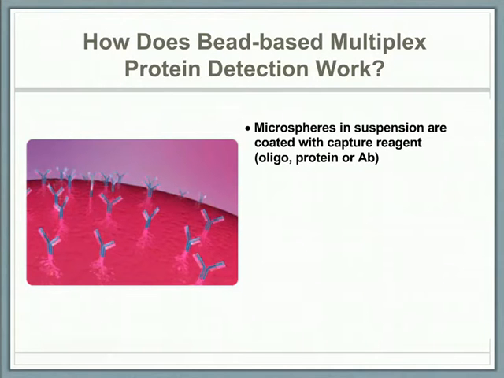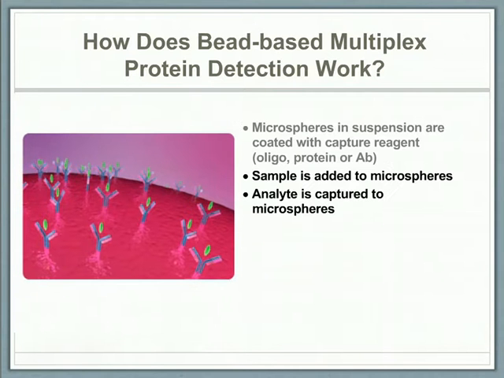So each color bead would get a different capture reagent by which the different capture reagents can be distinguished, and these are all in suspension, which has some advantages for the kinetics of the antibody protein assays.